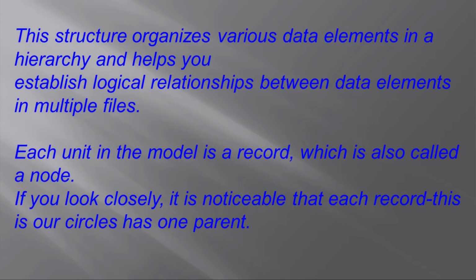This structure organizes various data elements in a hierarchy and helps you establish logical relations between data elements in multiple files. Each unit in the model is a record, which is also called a node. If you look closely, it's noticeable that each record, these are our circles, has one parent.